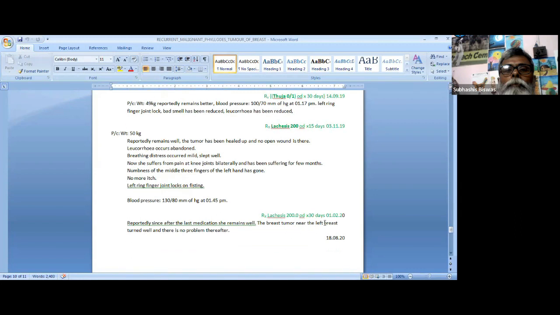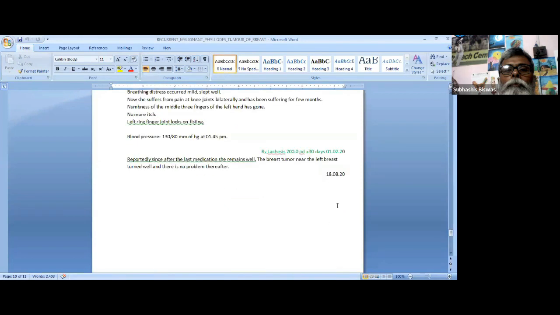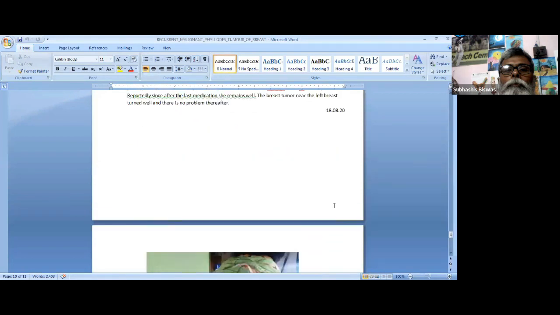Since after the last medication, see, now the dreaded corona, COVID-19, started. After that visit of 1st of February 2020, there was no treatment thereafter, and over phone on 18th August 2020.